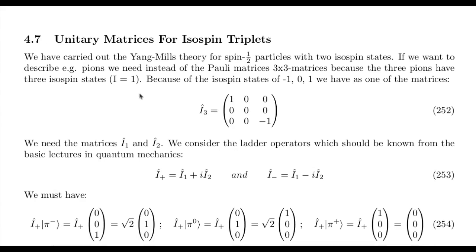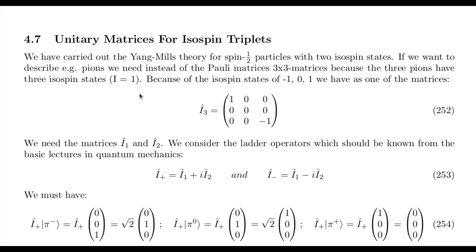We have executed the Yang-Mills theory for two-component spinors, and we have used the 2x2 Pauli matrices. But the question is, what must we do if we have, for example, an isospin triplet? For example, pi mesons.